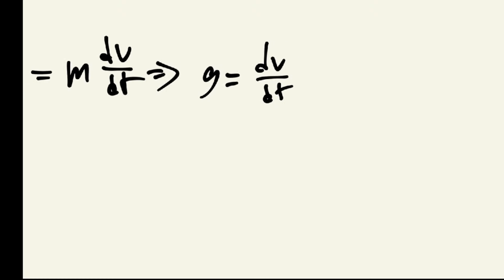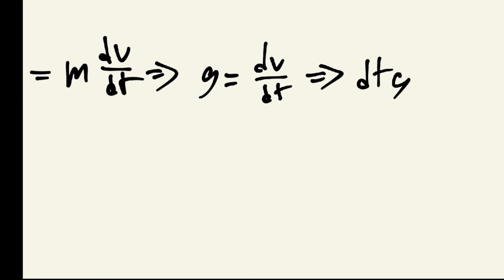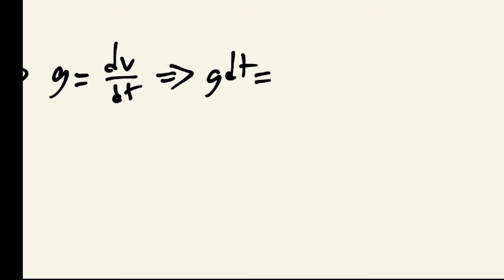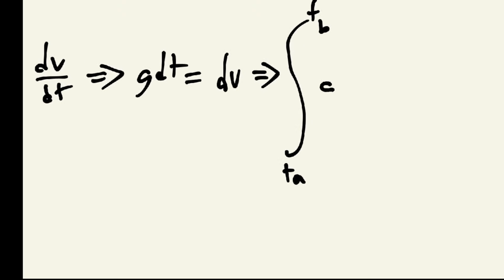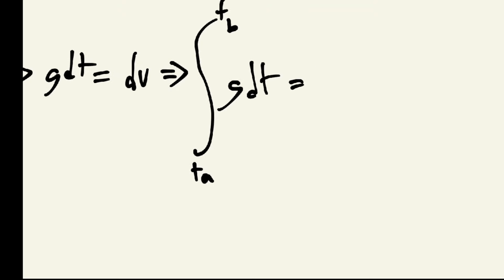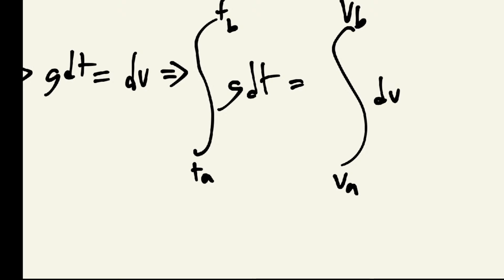If we want to integrate to find velocity, we just bring the dt over to one side. g dt equals dv. And then we could integrate from t sub a to t sub b of g dt equals another integral from v sub a to v sub b of dv.